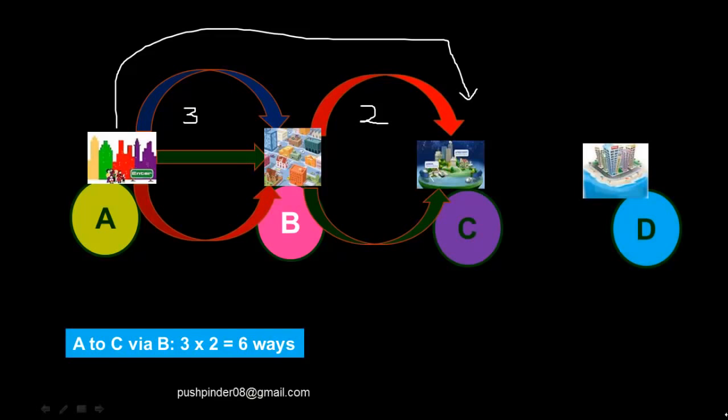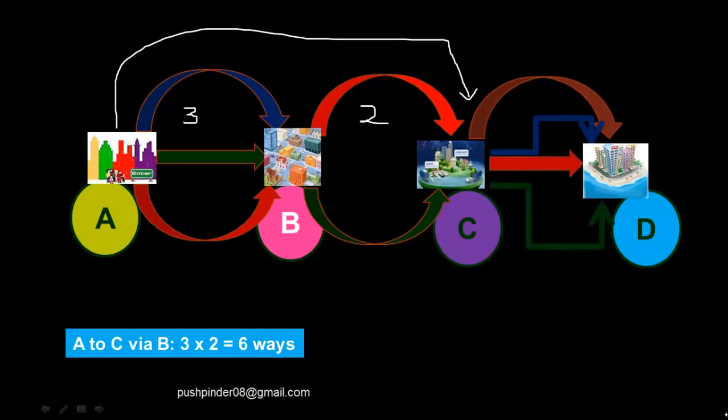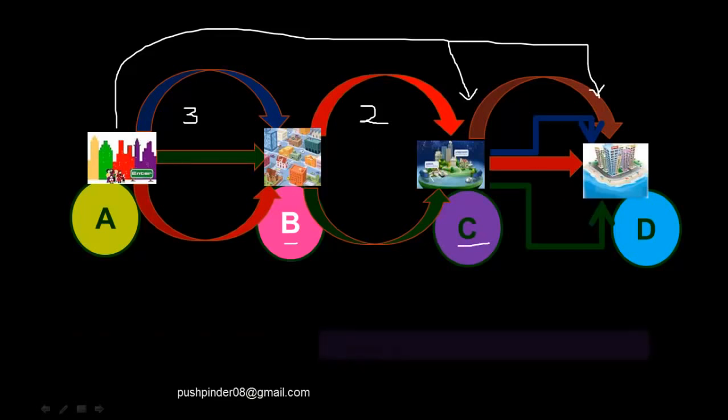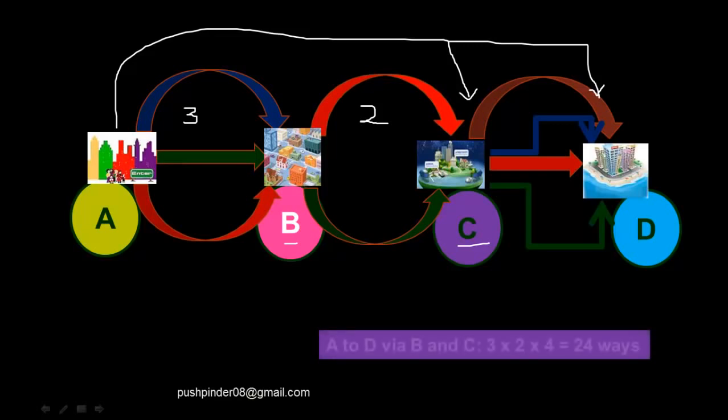Now let me say there is another city called city D as well, and there are 4 ways to go from city C to city D. Now if I ask you how many ways are there to go from city A to city D via B and C, so that would be 3 into 2 into 4, that is 24 ways.